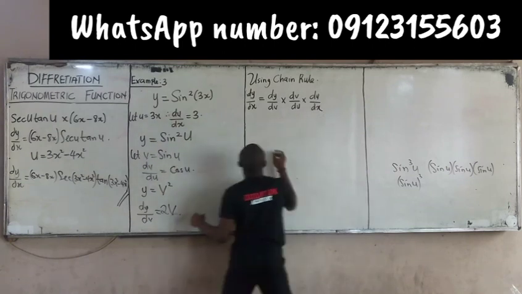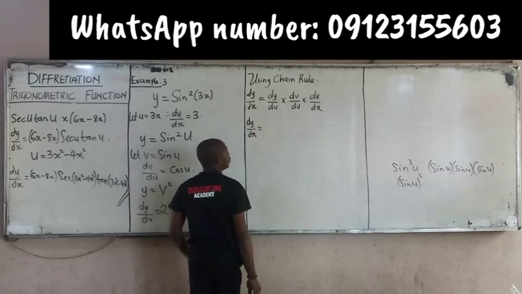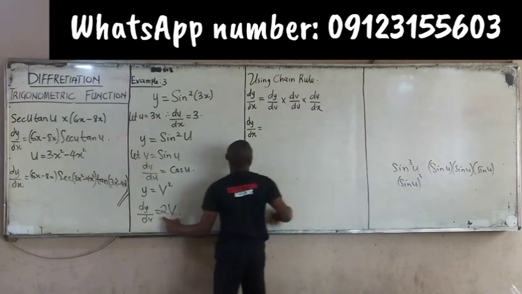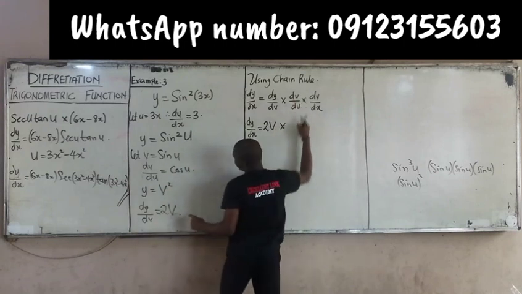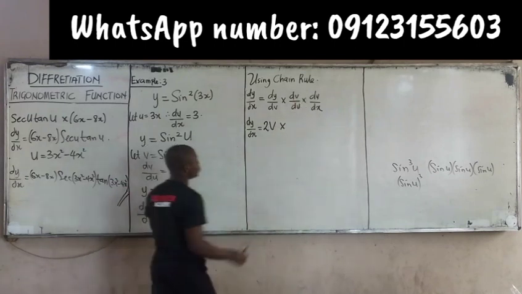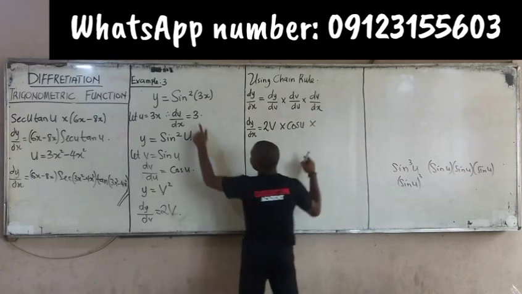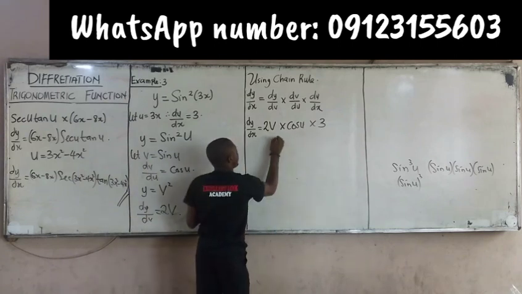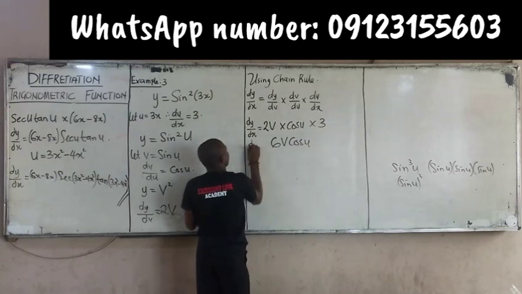At this point, dy/dx is now equal to dy/dv, which is 2v, multiplied by dv/du, which is obviously cos u, multiplied by du/dx, which is 3 here. Hence, 2 times 3 is 6, so I'll have 6v cos u as my dy/dx value.